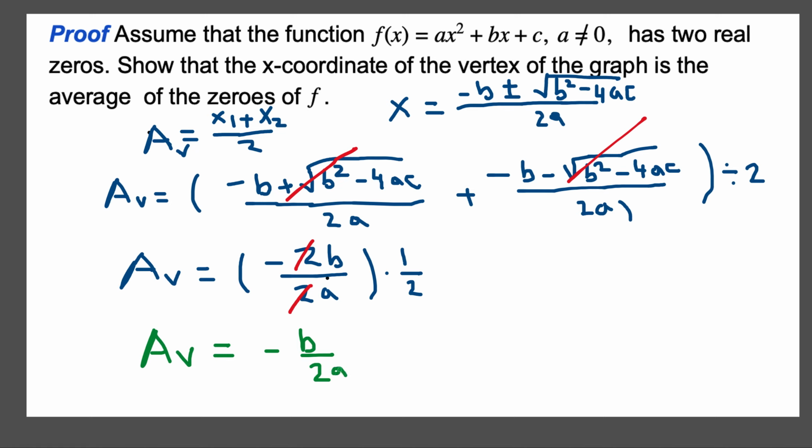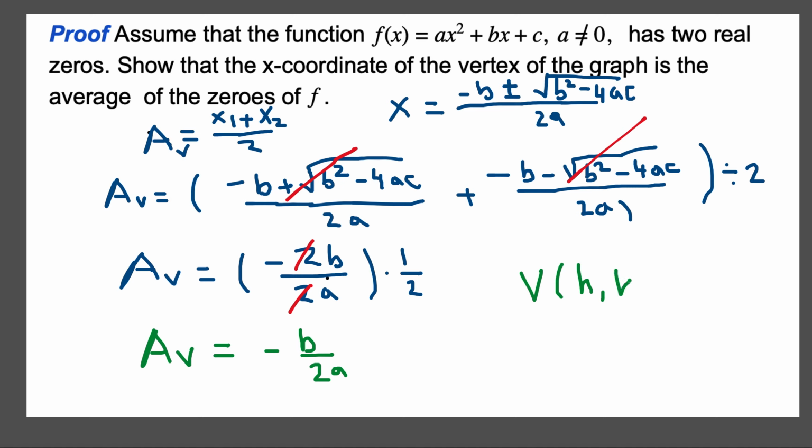So in fact, this is the axis of symmetry. We already showed the x-coordinate of the vertex of the graph is the average of the zeros of the function. So this one is equal to the axis of symmetry. And we already know the vertex is h comma k.